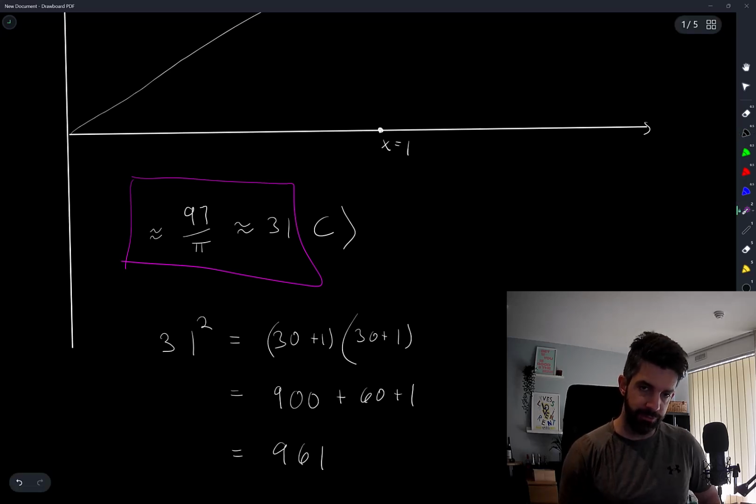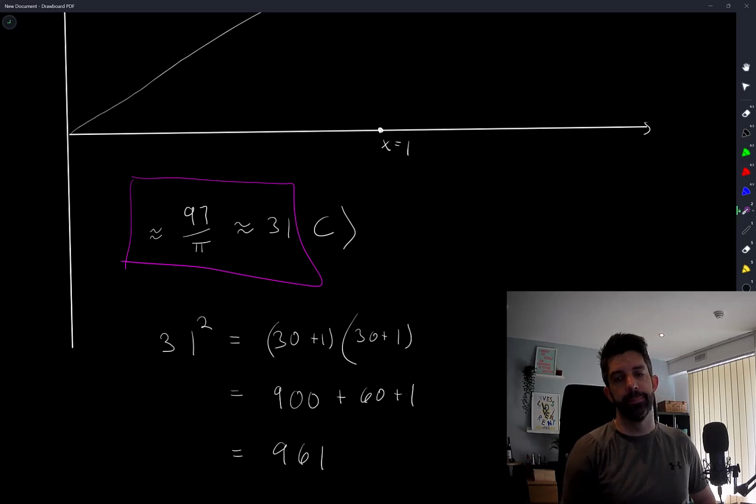But if I wanted to figure this out from first principles, without being given these multiple choice options, I essentially would have had to compute 97 over pi, and then I suppose round down. But we of course would have known we're somewhere close to 30, 31, 32, something like that. So not too bad of a problem.